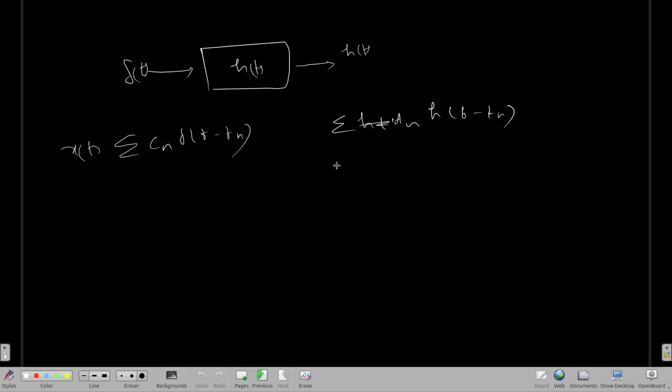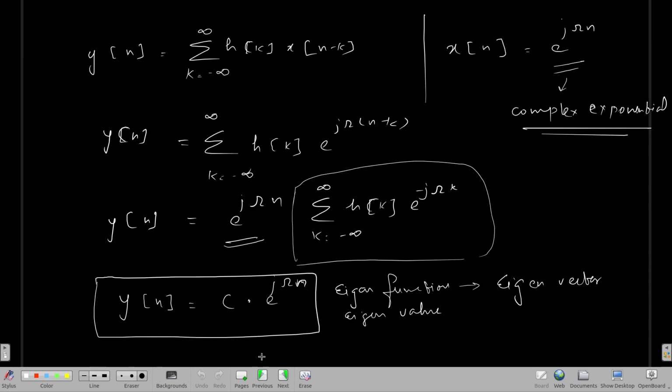Similarly, for the frequency analysis part, instead of impulse and impulse responses, we will be using the eigenfunction of an LTI system, which is the complex exponential. Okay. Now, before I wandered into this explanation, I stopped here, right? I want to move a little bit further from here.